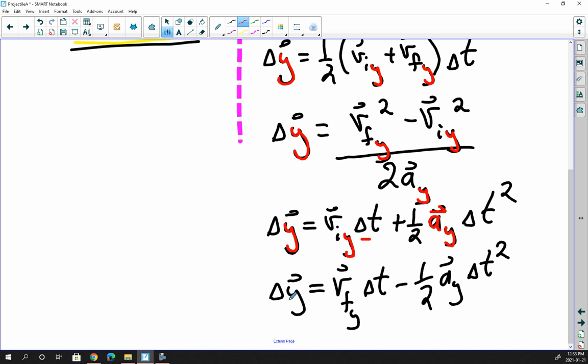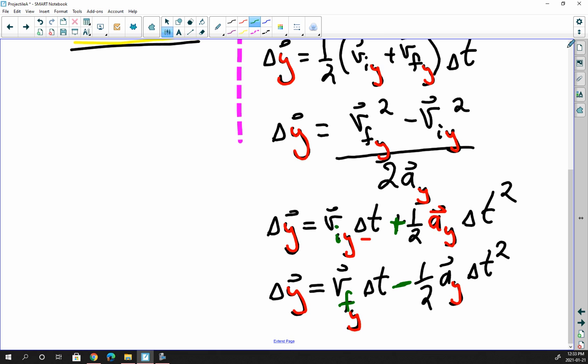And the other similar one, change in position y component is equal to final velocity y component, minus half acceleration y component, delta t squared. Remember, these equations from grade 11 really had a plus sign here, and that was initial. This had a minus sign here, and this was final. So these are your new sets of equations for projectile motion. You need to know these. Some of them are quite similar.